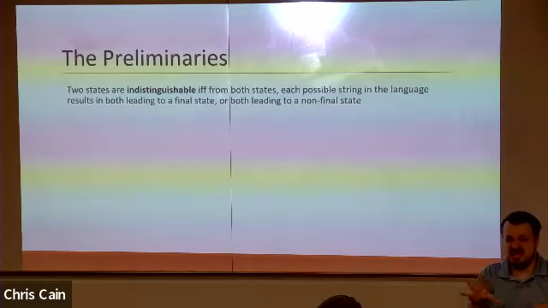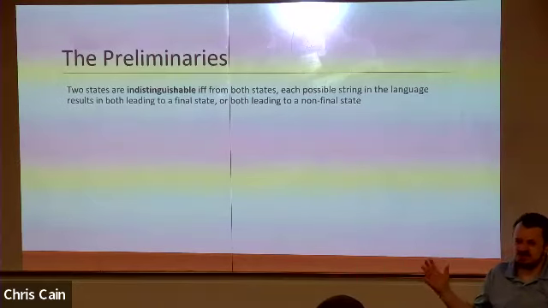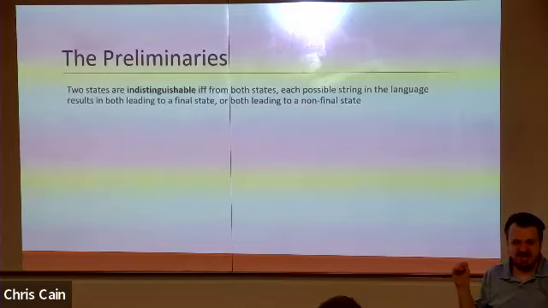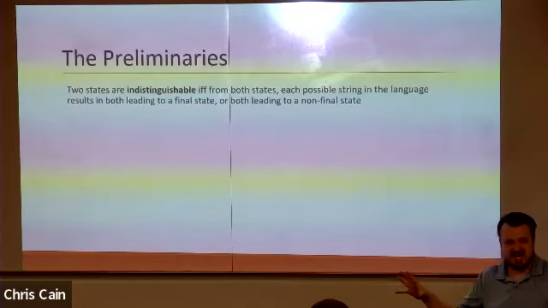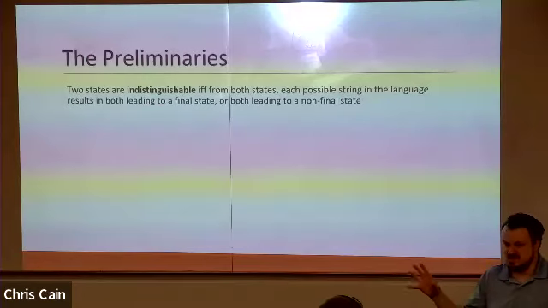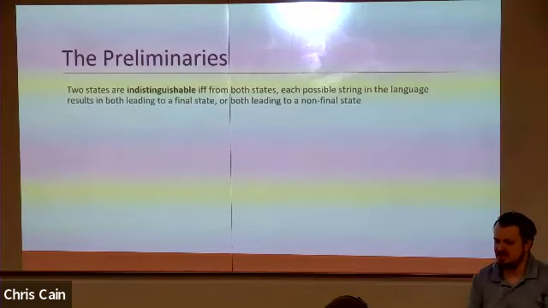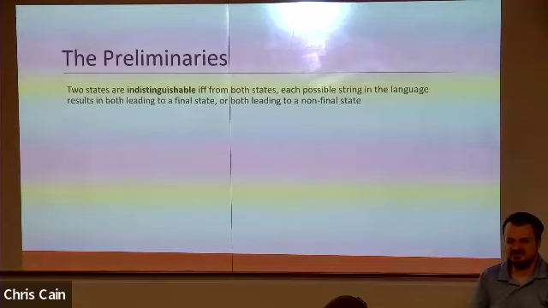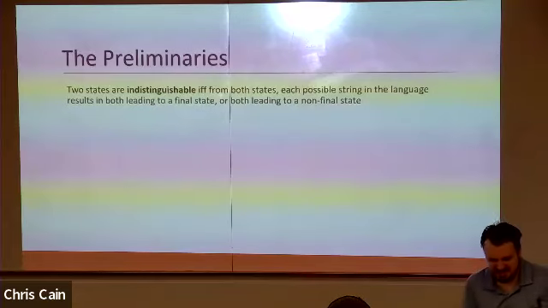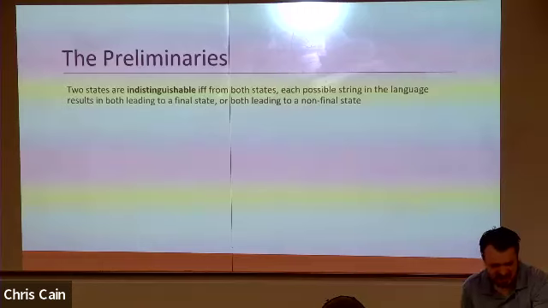It doesn't have to be the same state, but for every string in the language, if you reach finality from two states and non-finality from two states on that same given string, then they are indistinguishable. You might as well be in one or the other, because the finality of where you end up does not change. So that's the concept of indistinguishability.